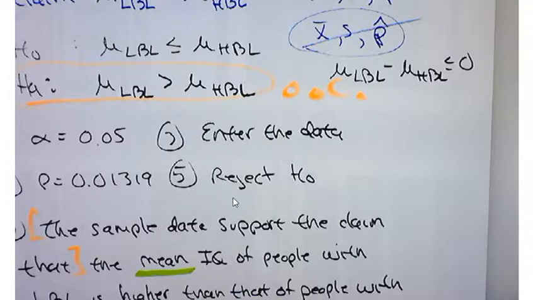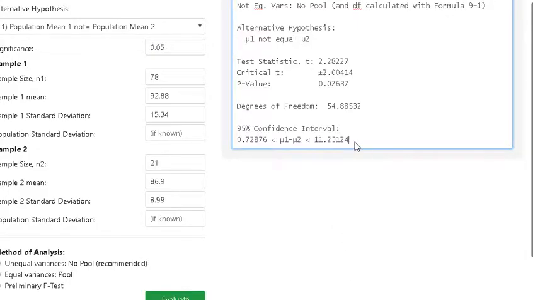So when you look at your confidence interval on your statistics output, does it include the possibility that the difference could be 0? That there's no difference in the IQs of people with low blood lead levels and high blood lead levels? Is 0 in here?